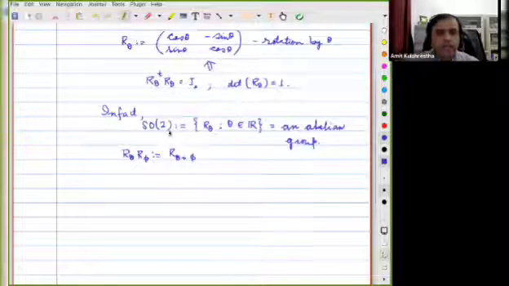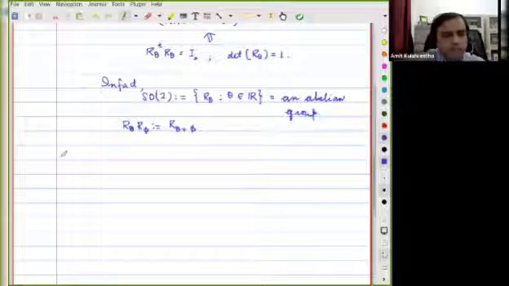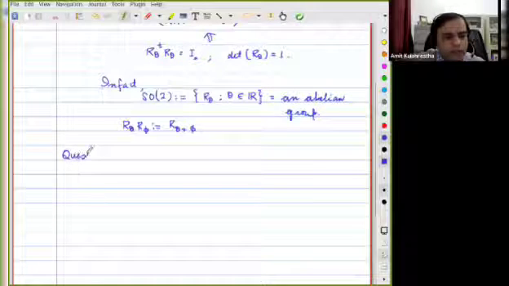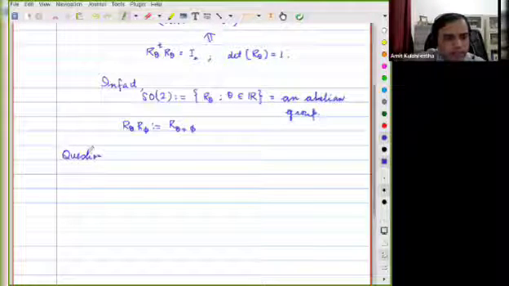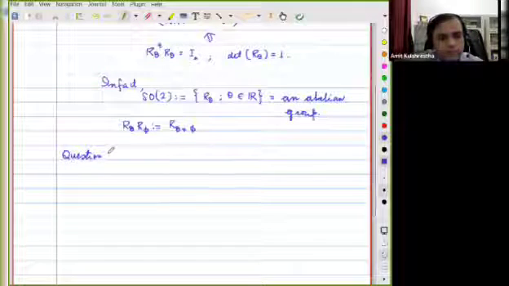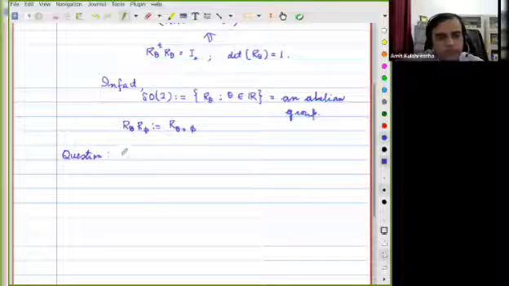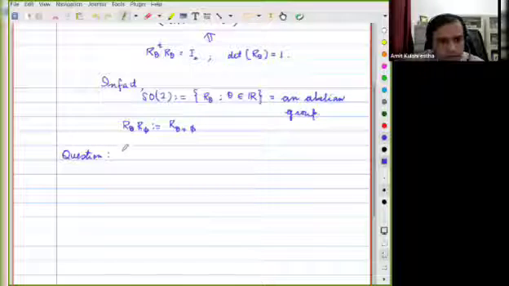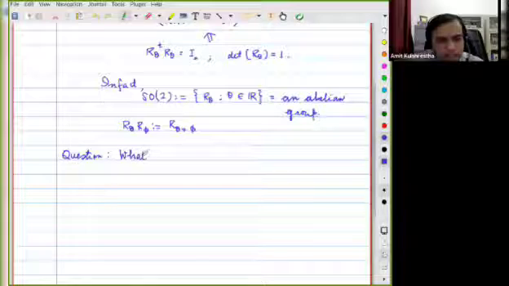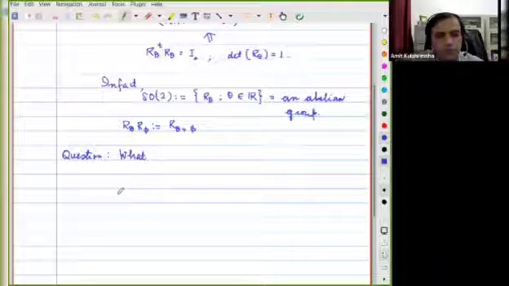Okay. And here I ask you a question, and that is kind of a two-dimensional analog for platonic solids, if you allow me to say that.